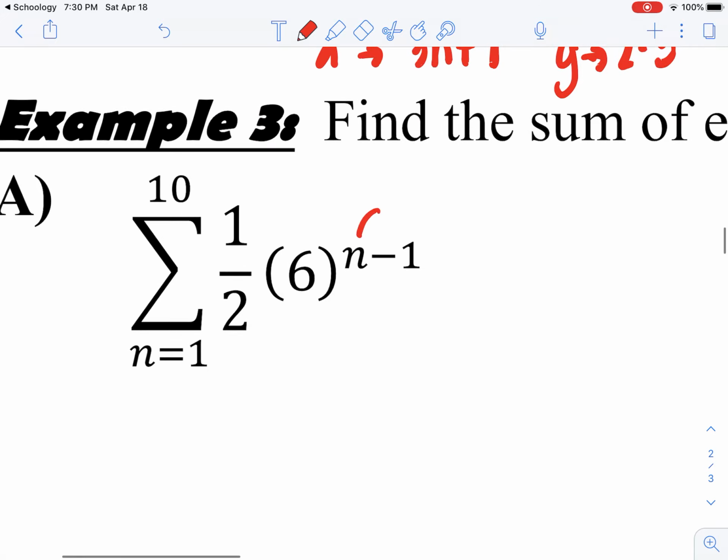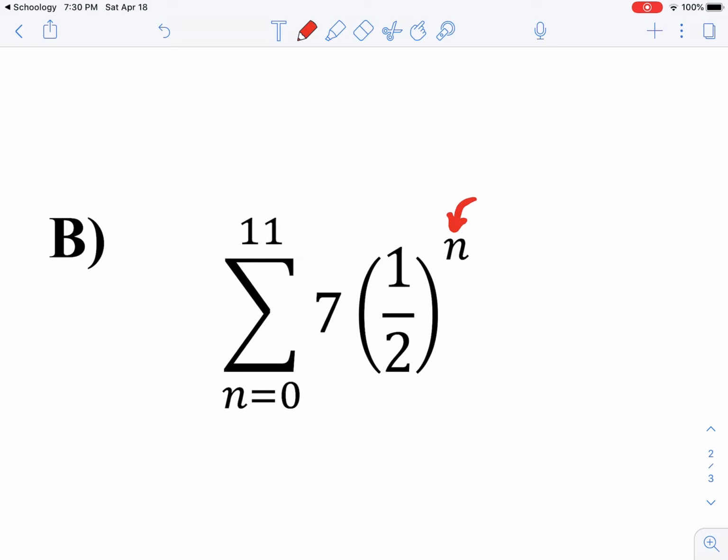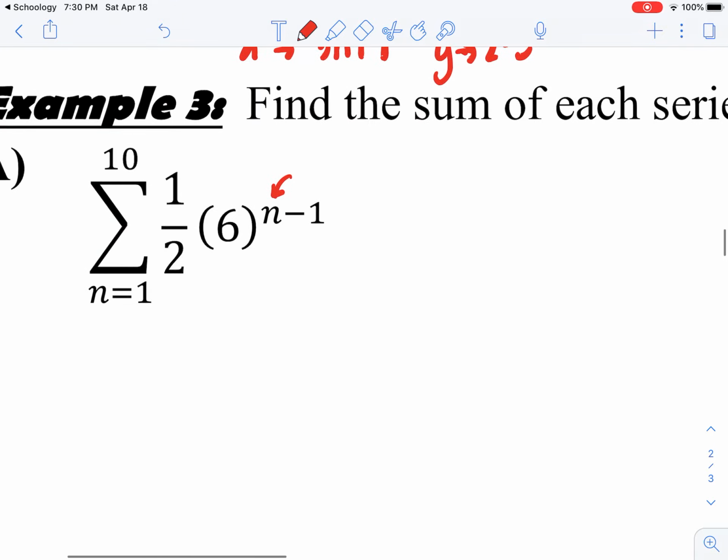So this is geometric, and the next one is geometric. Therefore, I can use my geometric sum formula, okay? The next set of notes, which is a review, I will have them all mixed up and we'll make sure: can I use a formula? If so, what formula would I use?